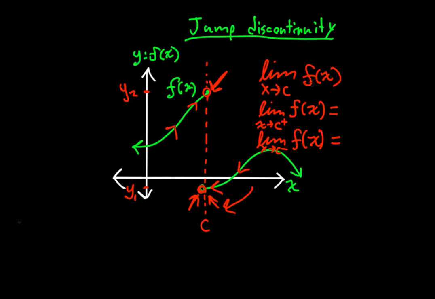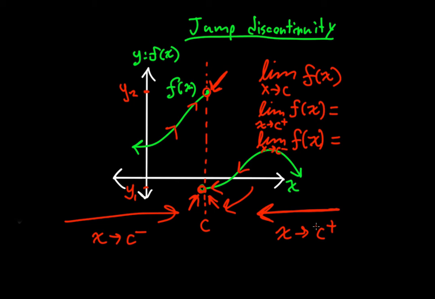So there are two different values, and x goes to c positive means we're coming from the positive direction. We're coming from x points that are above c, and the negative one is coming from x values below c. So this is x goes to c negative, and this is x goes to c positive.